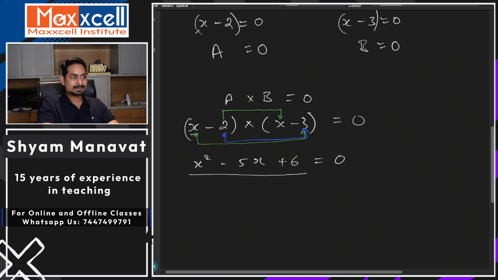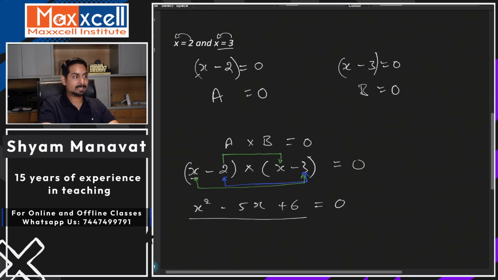So this final equation which you got, that is a quadratic equation. From where did we start? We started with x is equal to 2 and x is equal to 3, and then we got this equation.